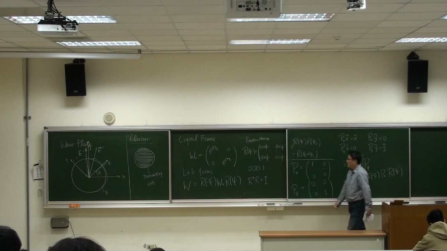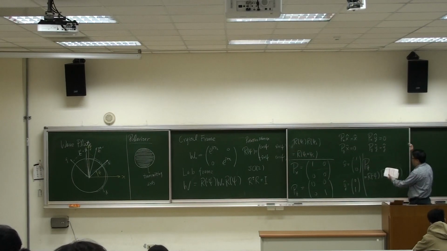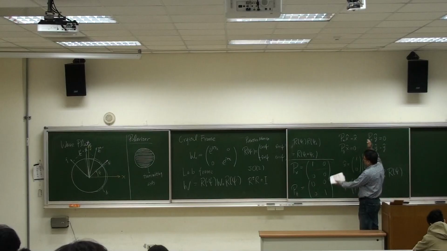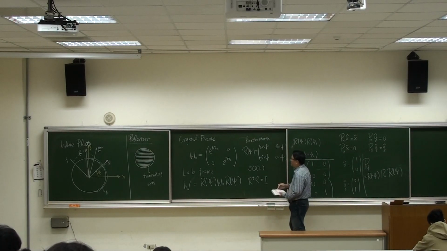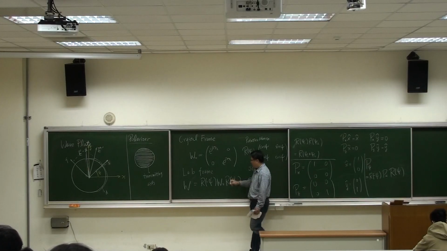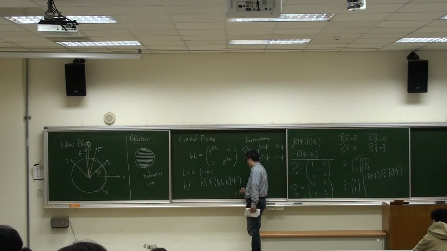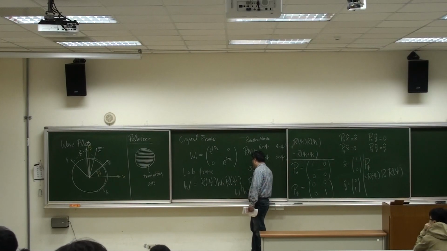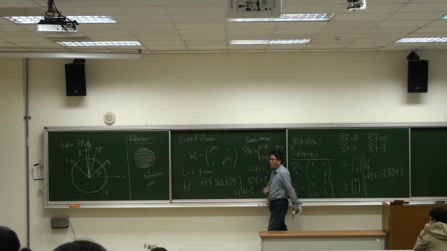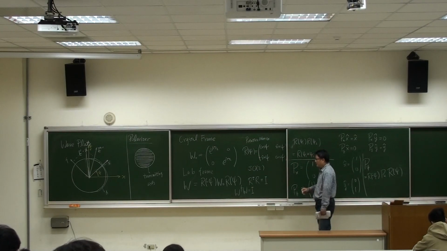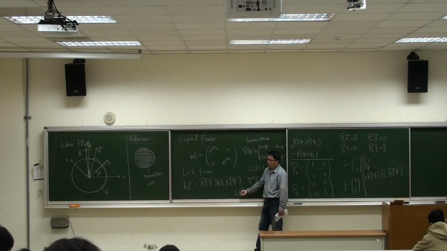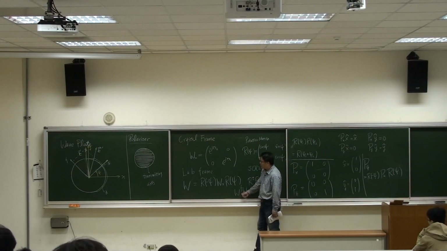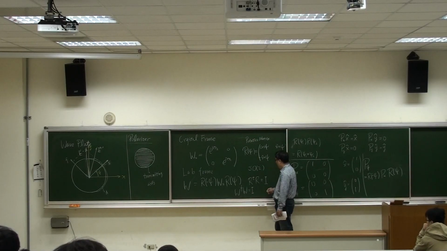Okay, but now these two kinds of matrices have different properties. For the wave plate, we have W dagger times W equal to the unit matrix. That's because if you calculate the determinant of the W matrix, you always find 1.